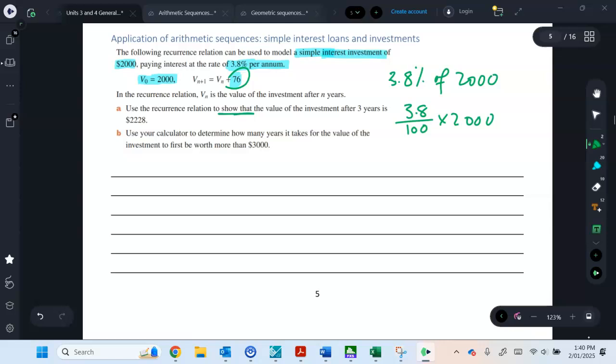So what I mean by that is you're given V0, so you don't really have to write that again, although I'm going to. You have to show V0, V1, V2, and V3. All right, you have to show all of them.